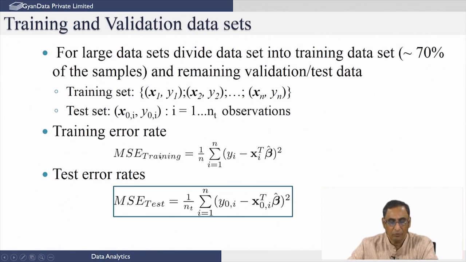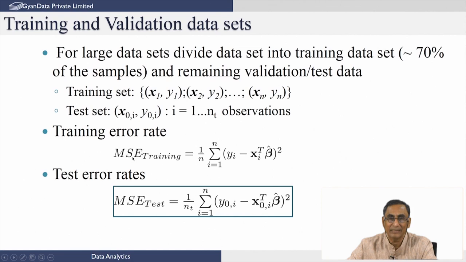Now, you can of course define the mean squared error on the training set after building the model. This is nothing but the difference between the measured, observed value of the dependent variable minus the predicted value after you estimated the parameters, let us say using least squares regression. This is the prediction error on the training data, squared over all the samples and averaged. That is the mean squared error that we have seen before.